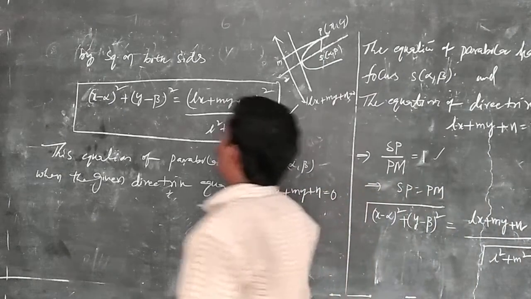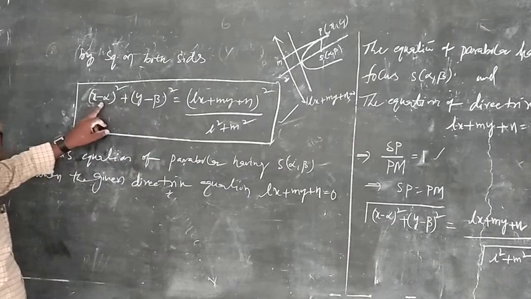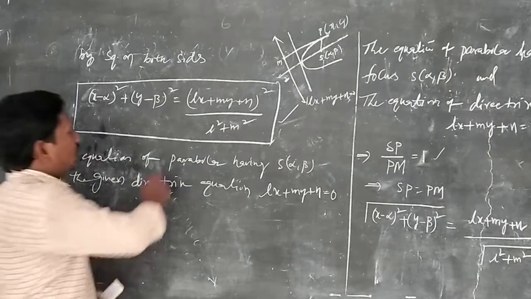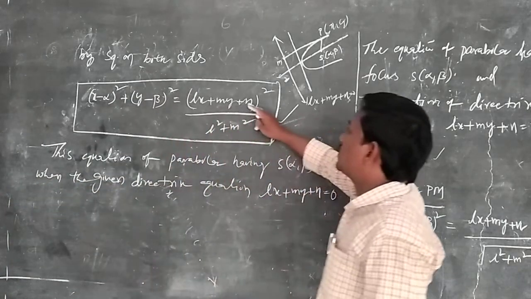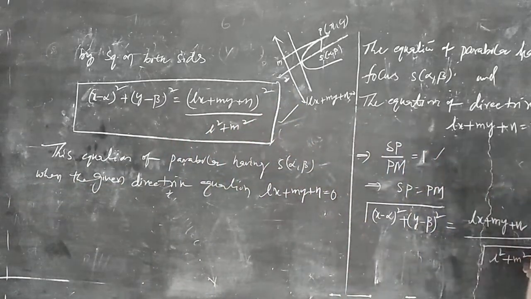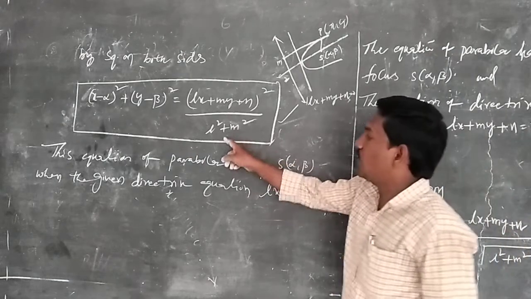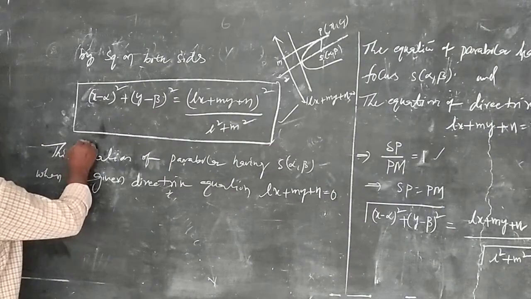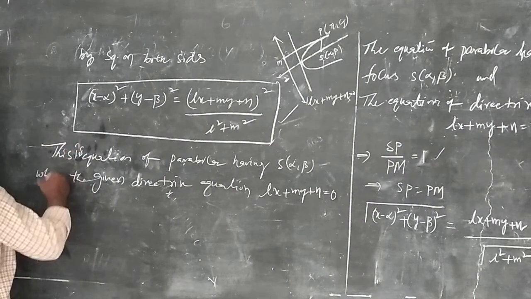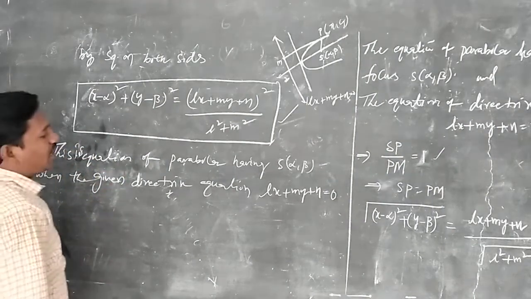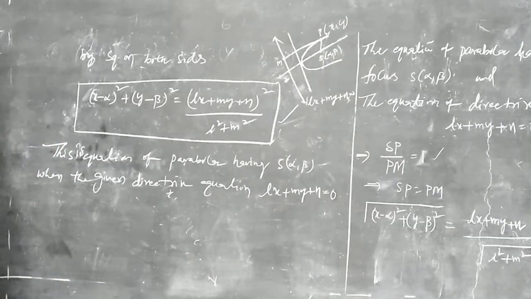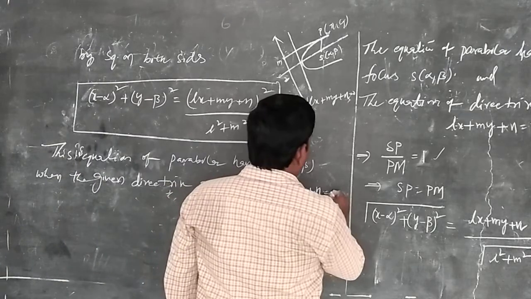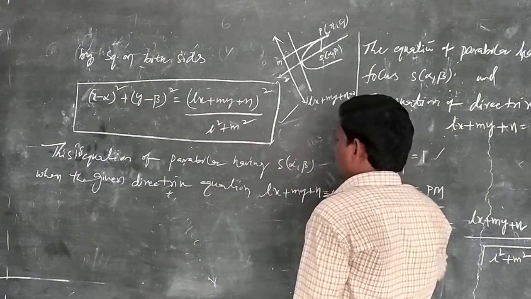By squaring on both sides, the roots are cancelled. (x minus alpha) whole square plus (y minus beta) whole square equal to (Lx plus My plus N) whole square by L square plus M square. So this is the equation of the parabola having S(alpha, beta) when the given directrix is Lx plus My plus N.